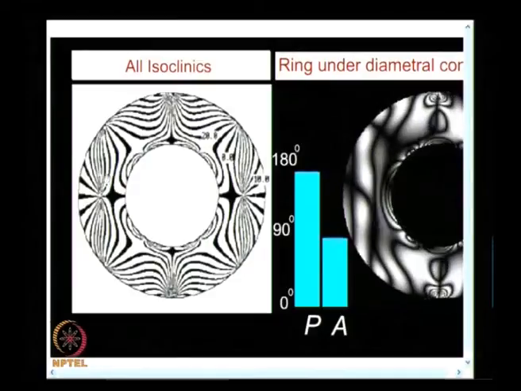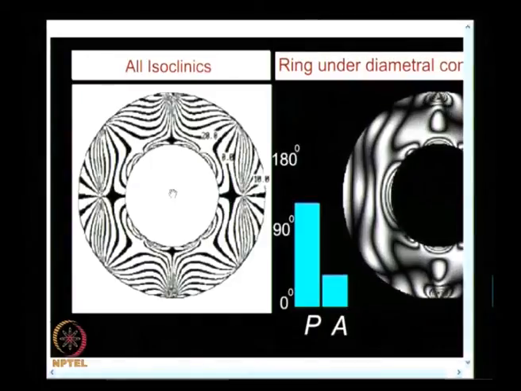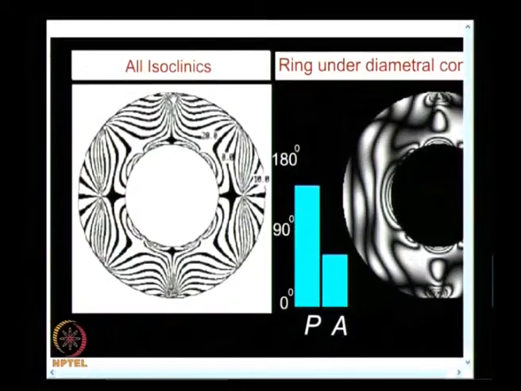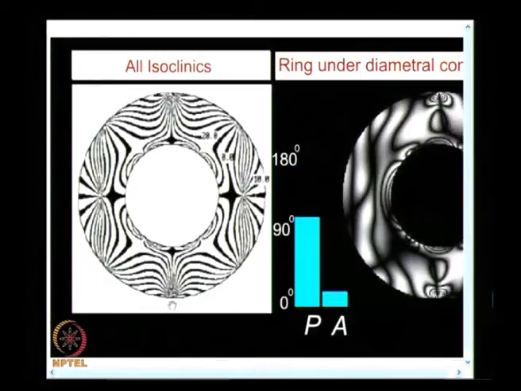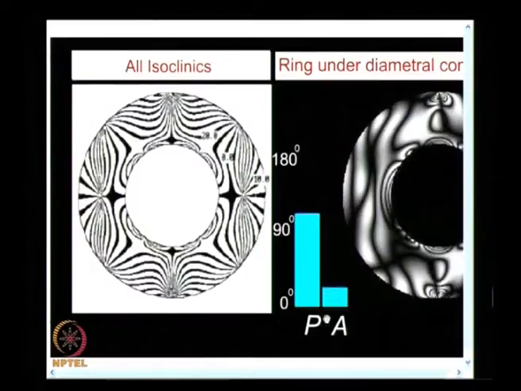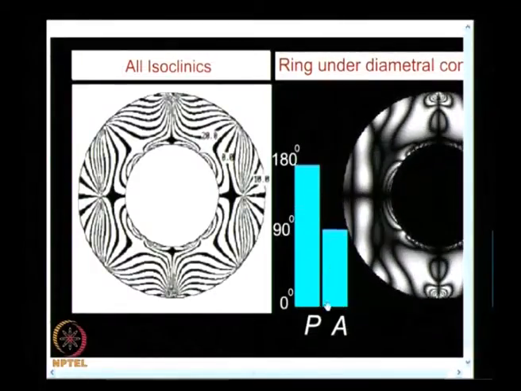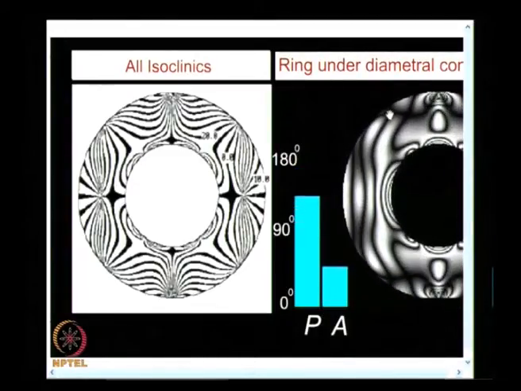Likewise, you see, but I also have another 2 points where the isoclinics originate. Suppose you look at the load application points, there also all isoclinics merge. So, you have made these observations. First you make the observations, then we find out and classify what are all the different fringe features. And this animation also shows that I have the polarizer and analyzer crossed and they are rotated. That is how you are seeing these isoclinics moving through the fringe field.